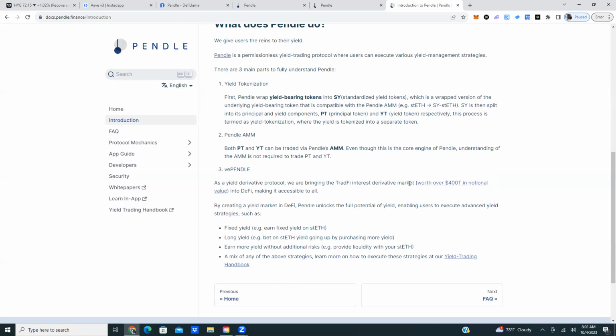I need you to read that last line right there. The TradFi interest derivative market worth over $400 trillion in notional value, bringing that value into decentralized finance. That is huge. I'm going to leave it right here.